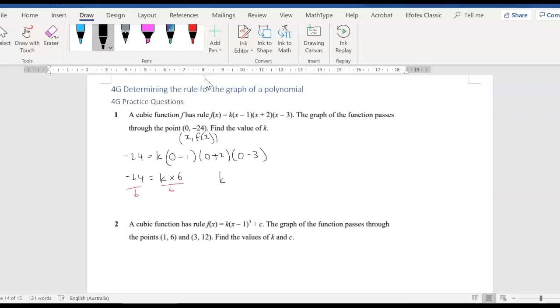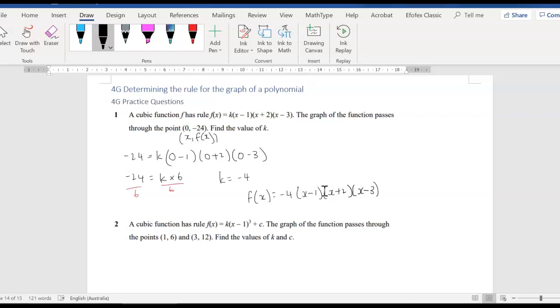So k is equal to negative 24 on 6, which is negative 4. Okay, so you're just finding the value of k. It doesn't say to substitute it back into the rule, but if we had to, that would just mean f of x equals negative 4, x minus 1, x plus 2, x minus 3.